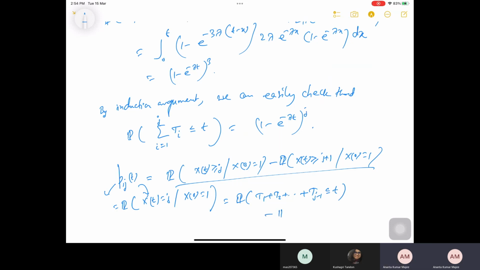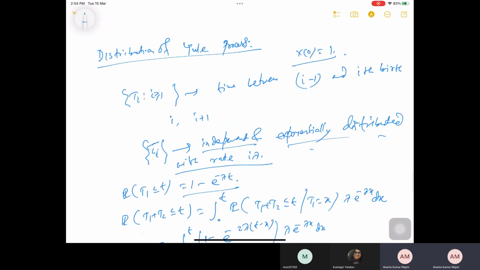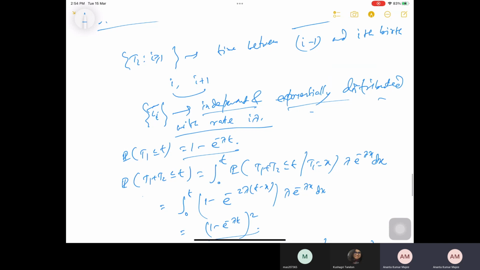And then minus the probability of T1 plus T2, similarly this part up to T_j, should be less than or equal to t. Because what is your T1? T1 is the time taken for your size to go from 1 to 2, or T_i is taken from i to i plus 1.